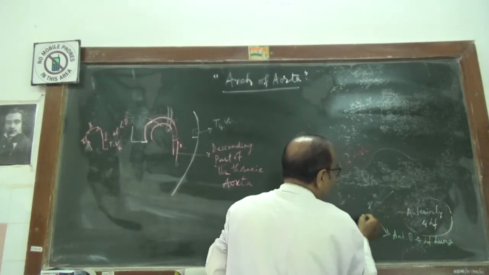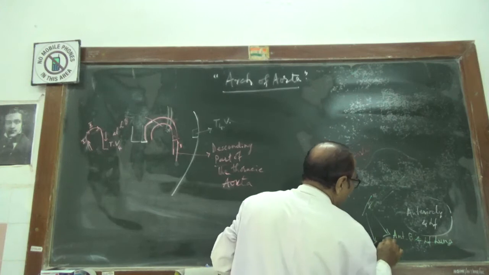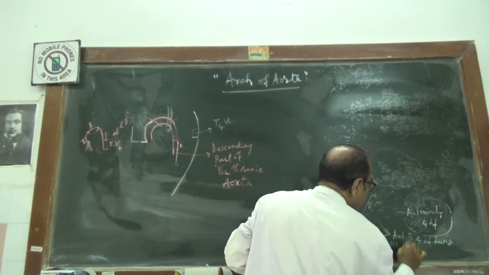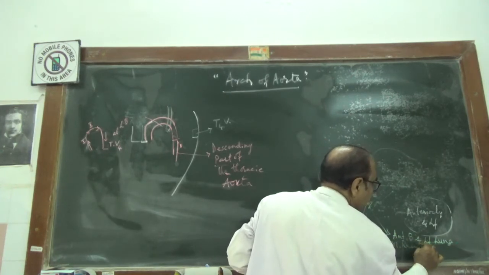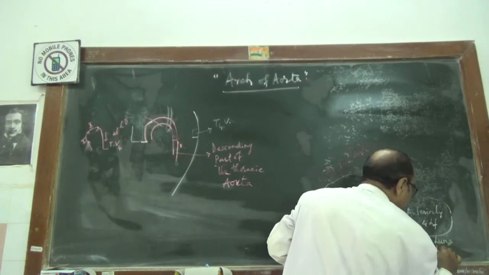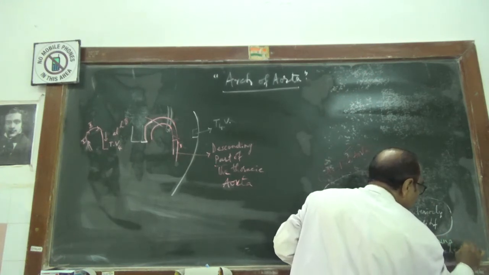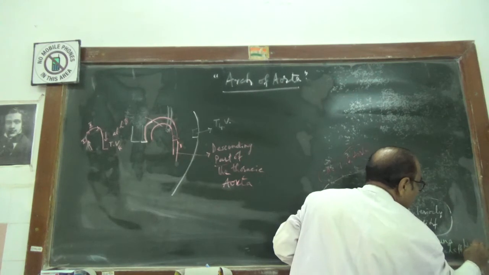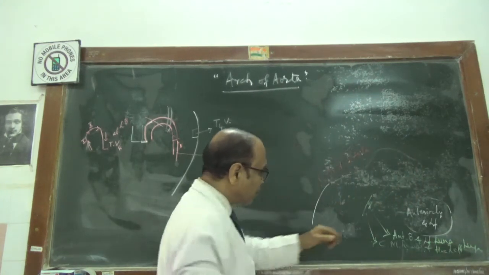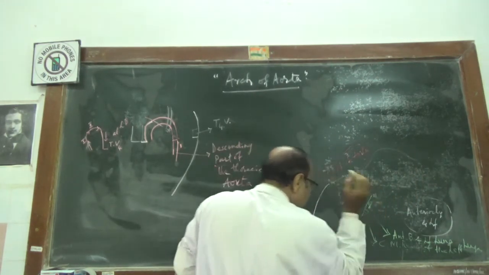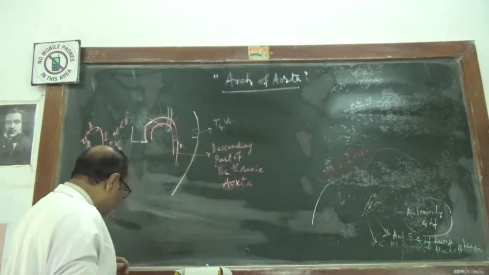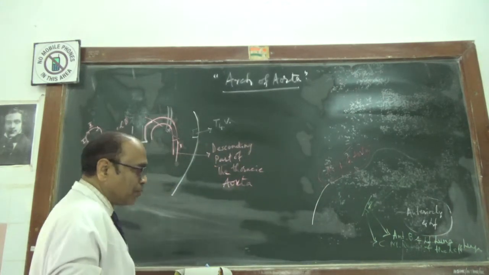and you will have the costo-mediastinal recess of the left lung that covers it. So this is the costo-mediastinal recess of the left pleura.